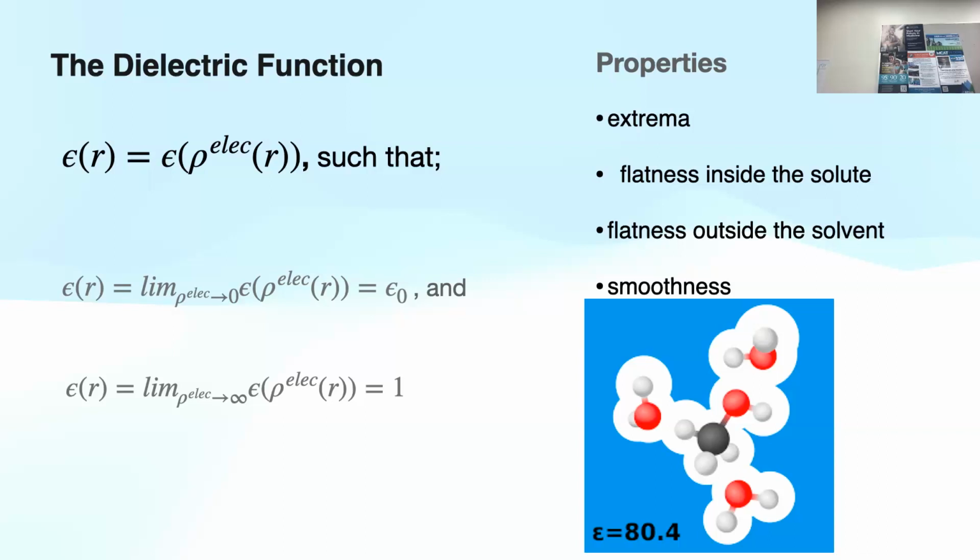So we want to define the dielectric function because that is a result of the introduction of the liquid that is outside of our quantum mechanical problem that we have inside. We want to define it so that it's maximum outside and the minimum possible, let's say 1, inside.